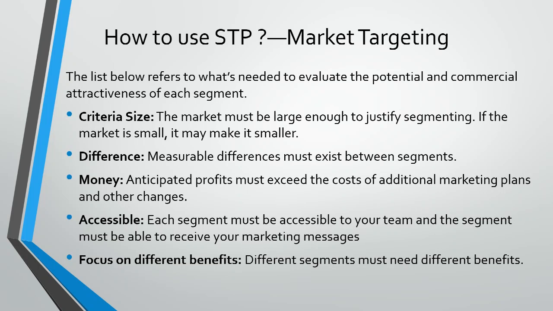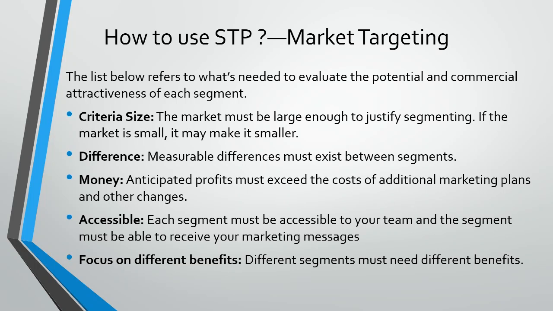The fourth indicator is accessibility. The segment should be accessible. It means that your company can get information from and send messages to the segment. And the last indicator is a focus on different benefits. Different segments must need different benefits.